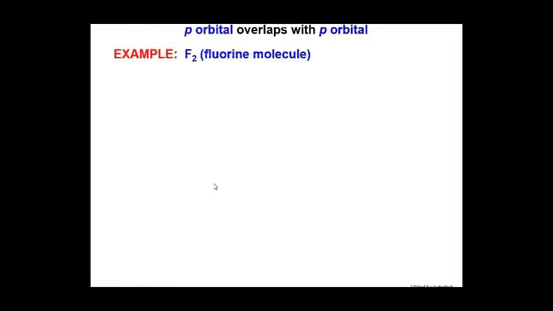What about p orbital overlapping with p orbital? For example, a fluorine molecule. The fluorine molecule consists of two fluorine atoms, and each fluorine atom has 7 valence electrons.